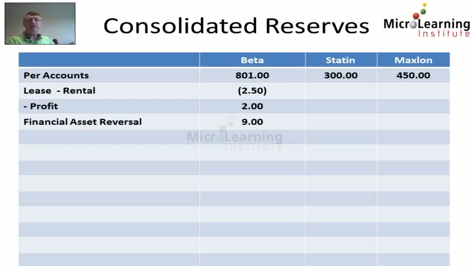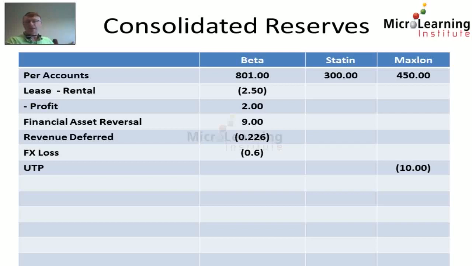There's the reversal of the financial asset, which we spoke about in this tutorial of 9. There's the revenue deferred, which of course is a liability of 0.226. There's the foreign exchange loss on the deposit, on the asset, of 0.6. There's the unrealized transfer profit. Now again, the unrealized transfer profit relates to transactions with Maxlon, which is the associate.